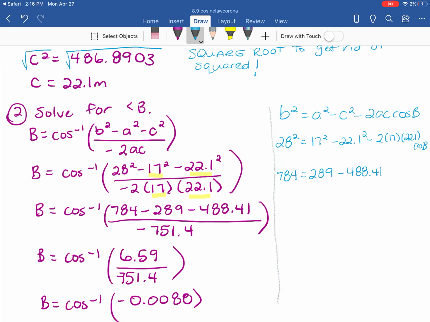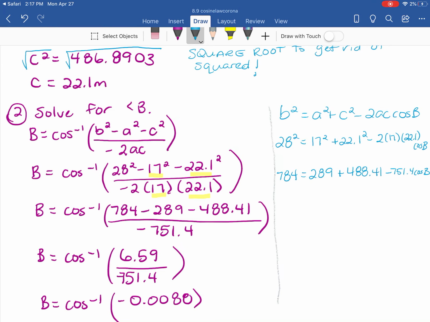Okay, so 784, 17 squared, 289, 22.1 squared, 488.41. Oops, this is plus, sorry. I was going to say something that looks wrong.